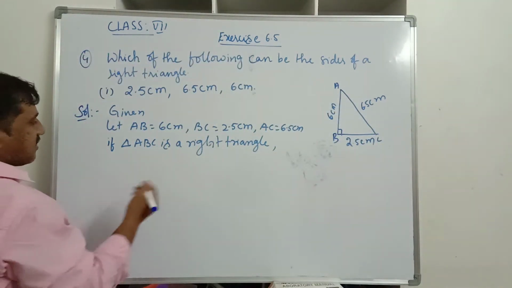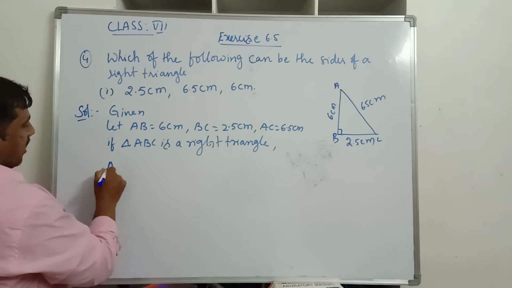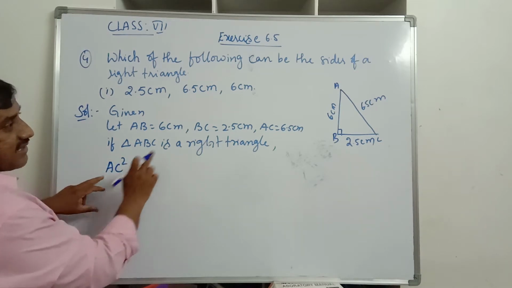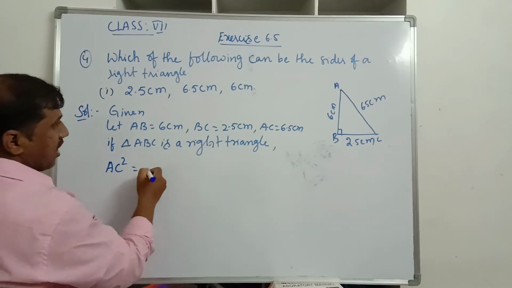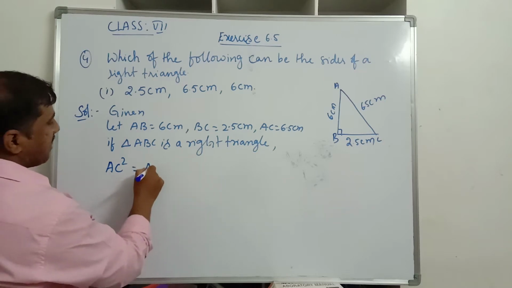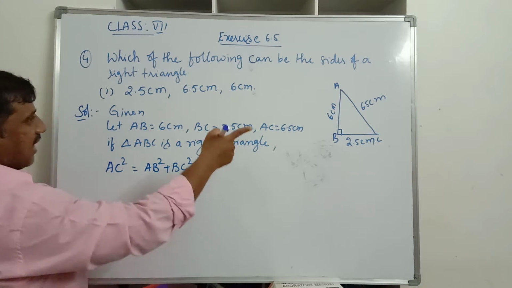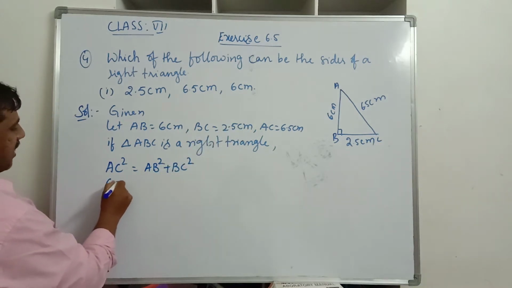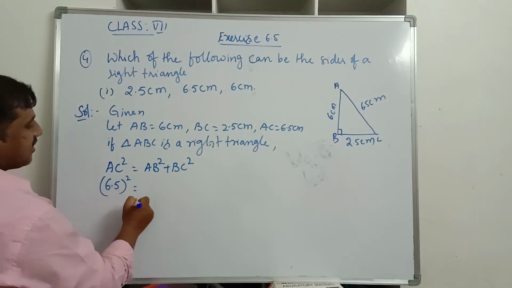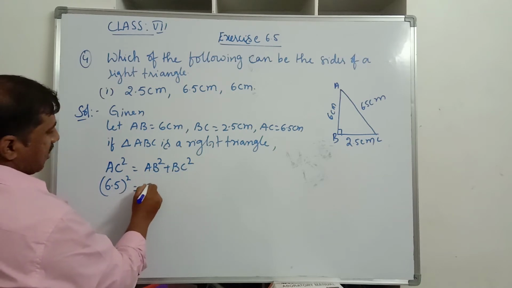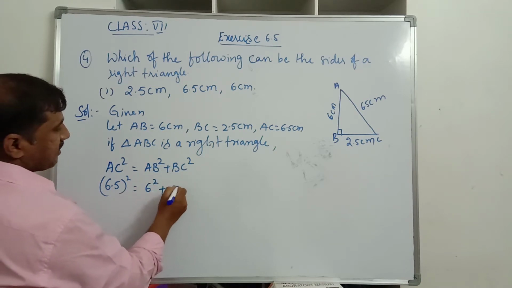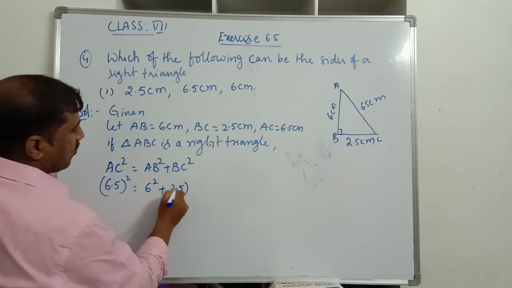So by Pythagoras theorem, the square of the hypotenuse, that is AC square, is equal to the sum of the squares of the other two sides, that is AB square plus BC square. So 6.5 whole square is equal to 6 square plus 2.5 whole square.